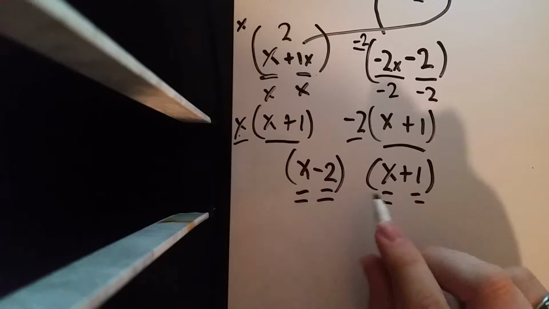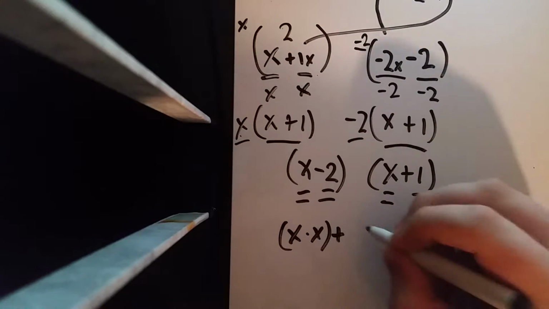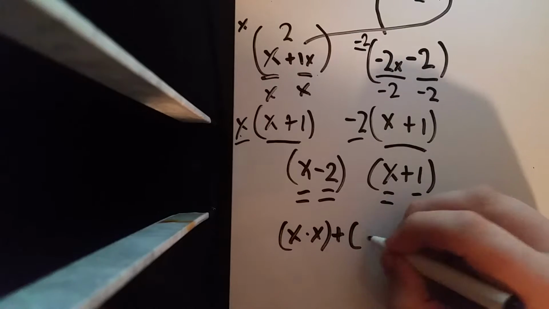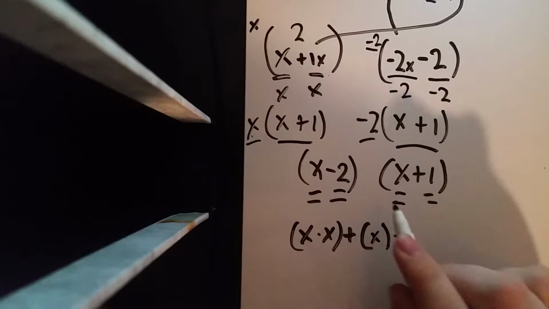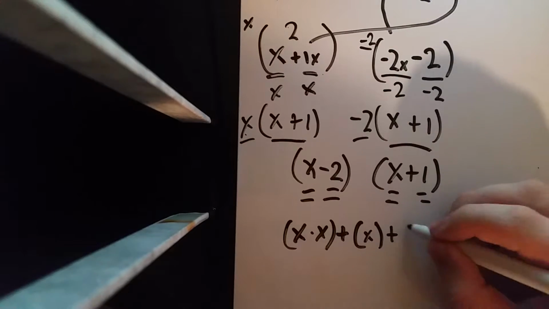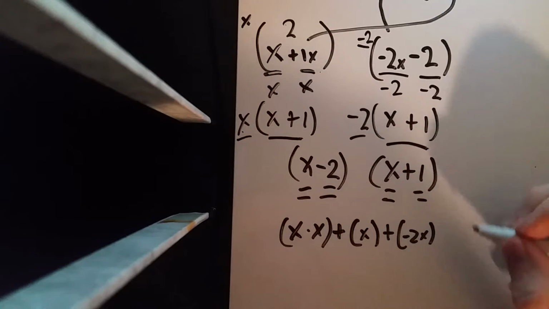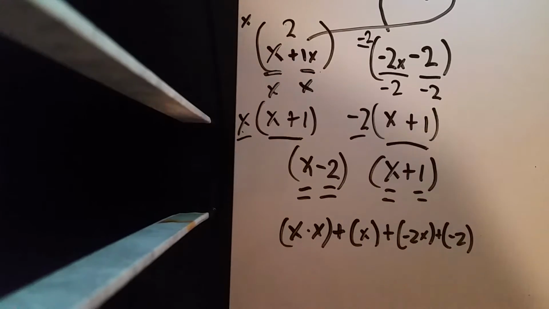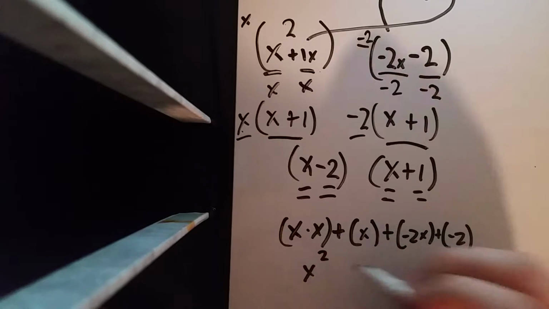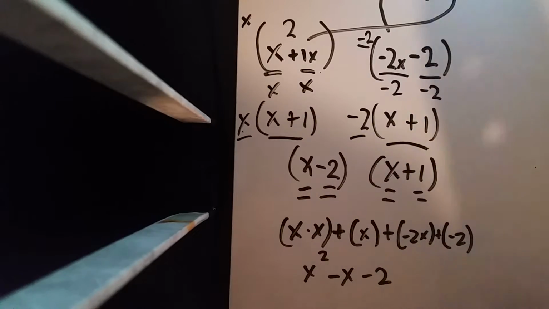So the first numbers, you get x times x, plus the outer numbers, x, plus the inner numbers, so plus -2x, and then the last numbers, plus a -2. And then when you simplify all this, it turns out to be x squared minus x minus 2, which is our first quadratic.